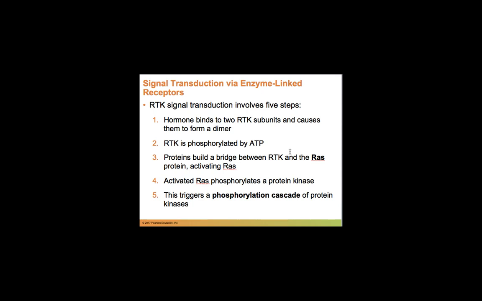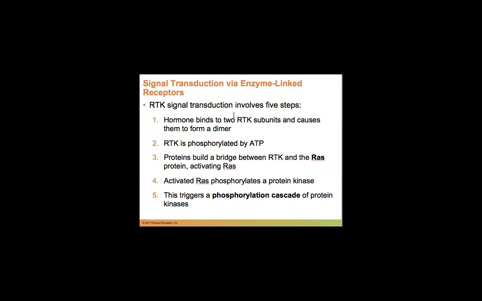So receptor tyrosine kinase signal transduction is going to involve 5 major steps. The first step is when our hormone binds to our 2 RTK subunits and causes them to form a dimer. Once we form that dimer, the RTK is going to get phosphorylated by ATP.